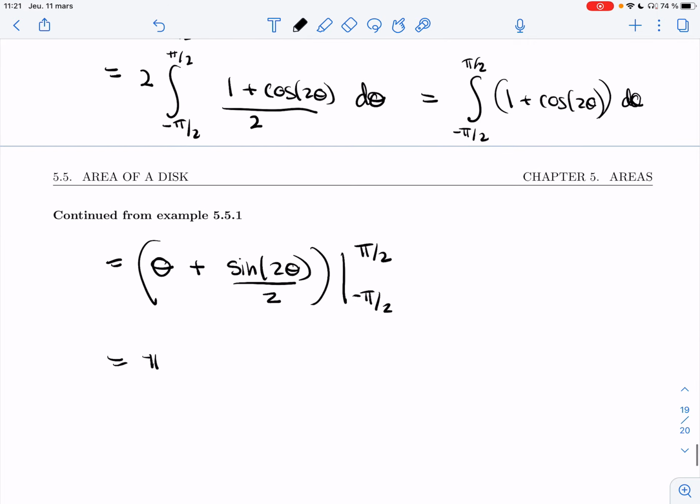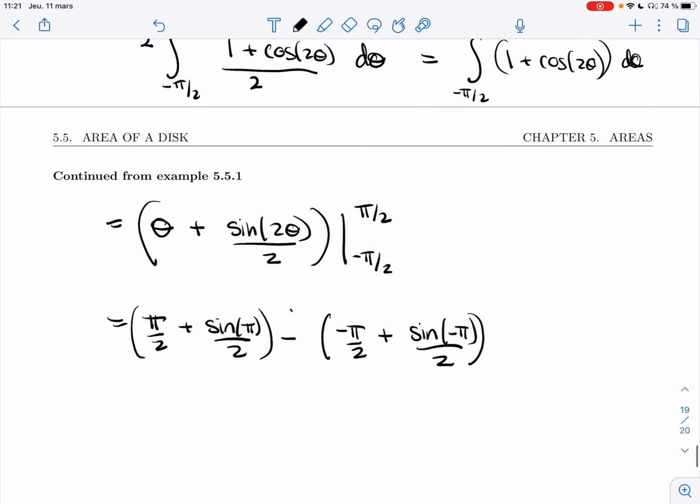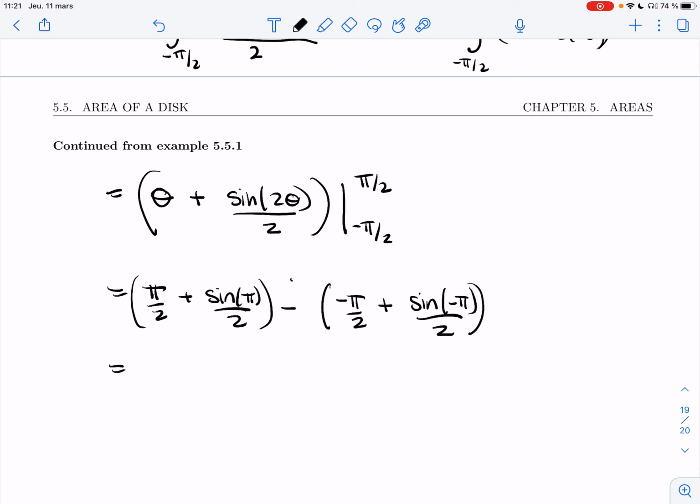I get pi on 2 plus sine of pi, minus minus pi on 2 plus sine of minus pi. Sine of pi is 0. Sine of minus pi is 0. And so I get pi on 2 plus pi on 2. I get pi.